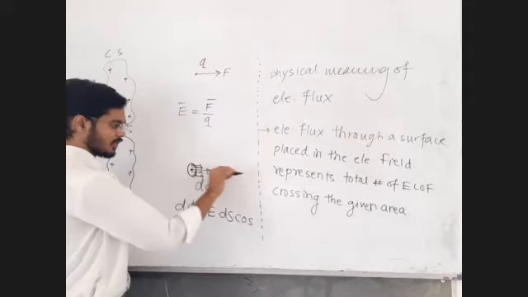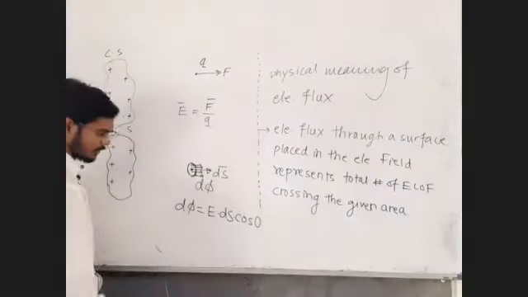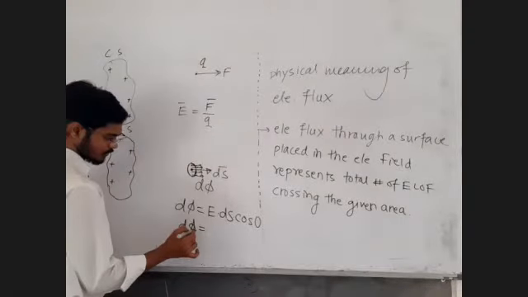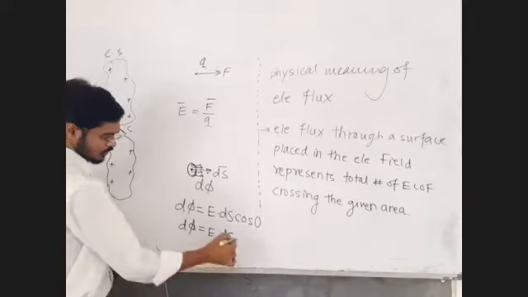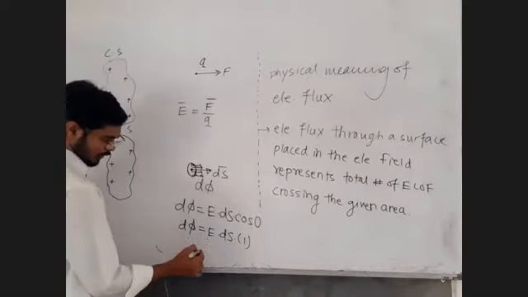Right now both are in the same direction. So I can get it like this. Cos 0 is 1, and therefore there exists one more definition of electric field.